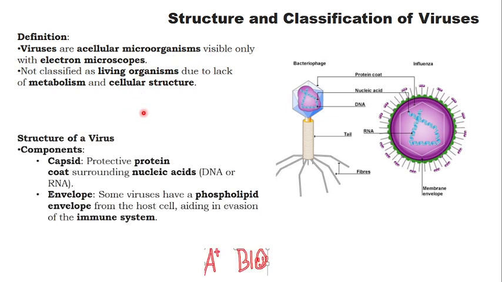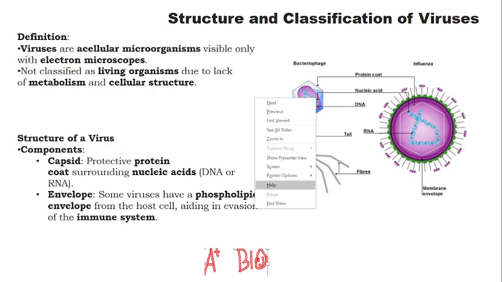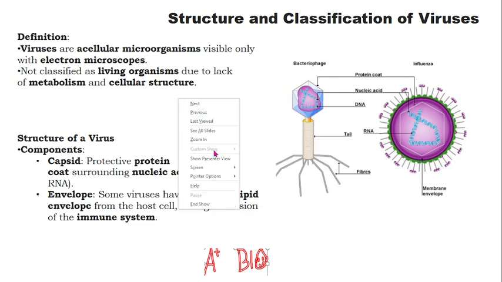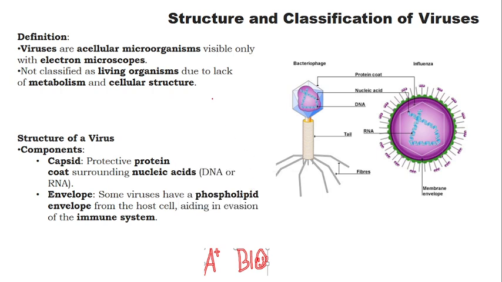So let me continue by understanding deeply the characteristics or structure of the virus. Let me draw for you. Usually viruses have what you call a capsid, made of protein.